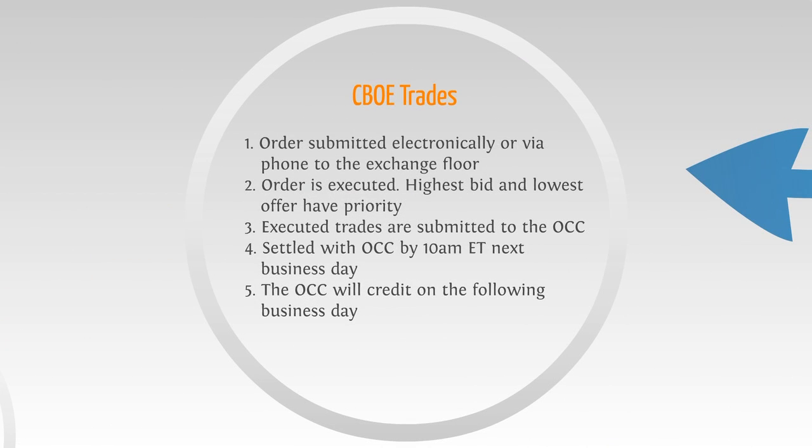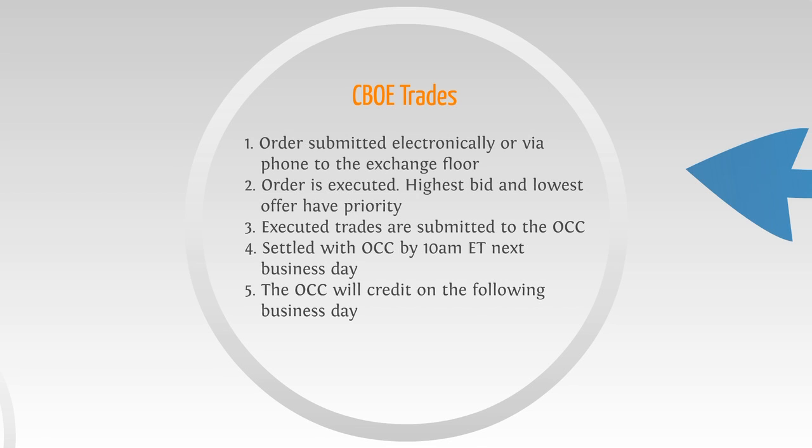We also have certain rules that the CBOE, the Chicago Board Options Exchange, has in place to make sure that there's a smooth flow on the options markets. Important to know is that all executed trades are submitted to the OCC. So they're keeping track. They're the counterparty.